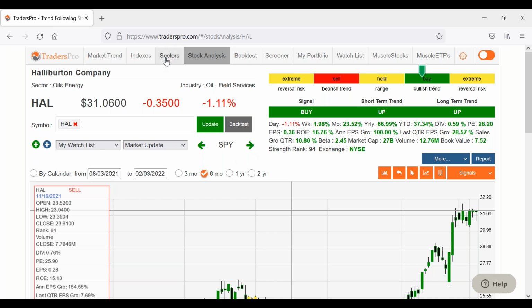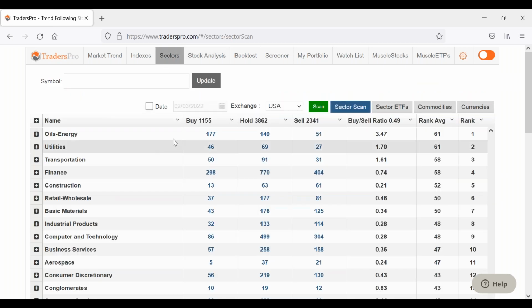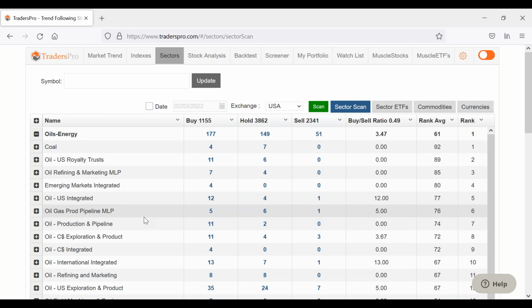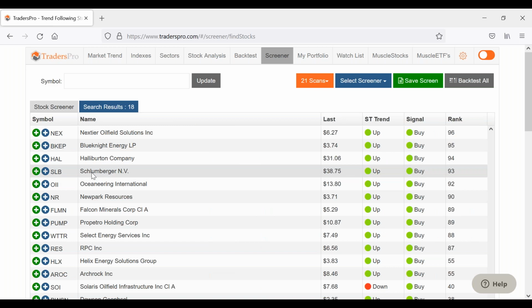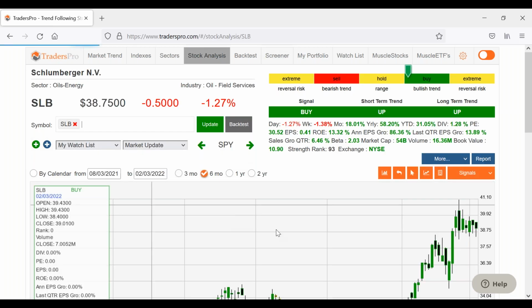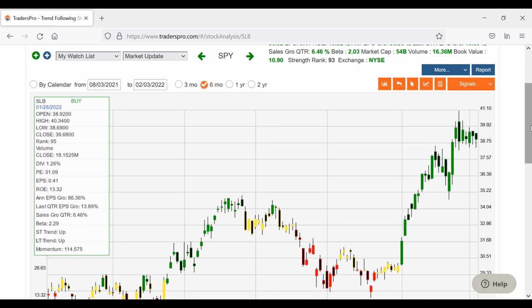And then the other one in oil here was Schlumberger, SLB. But you can see kind of a similar pattern, moving a little bit sideways through here.